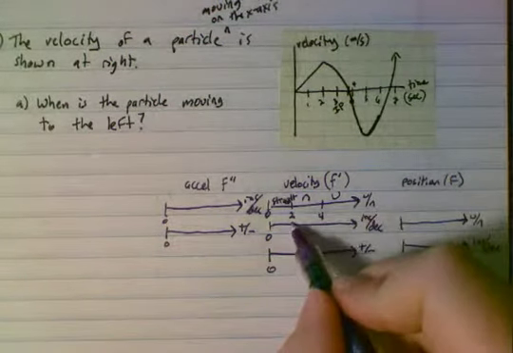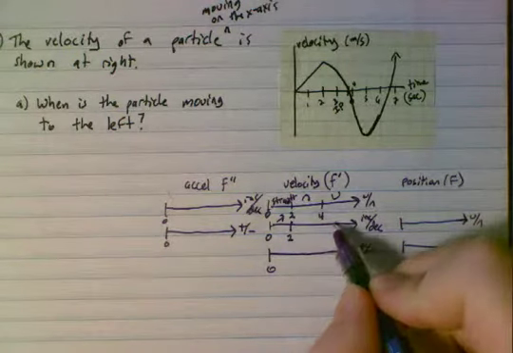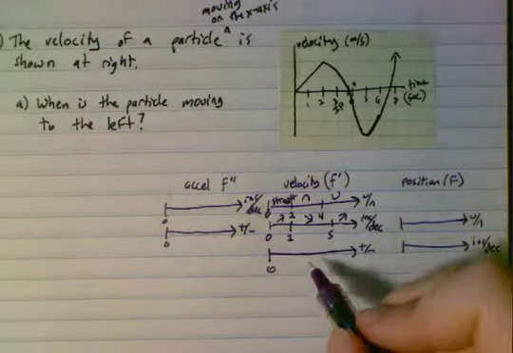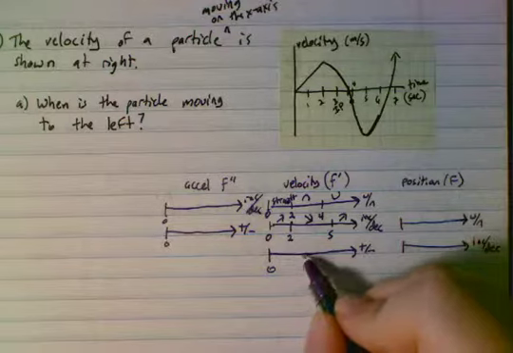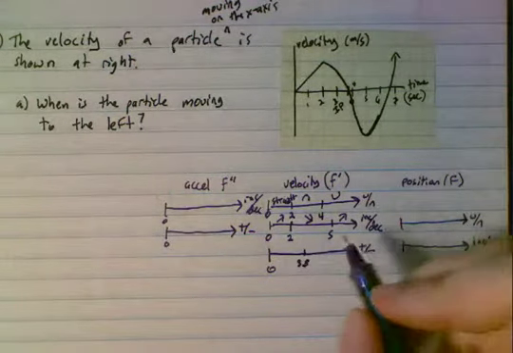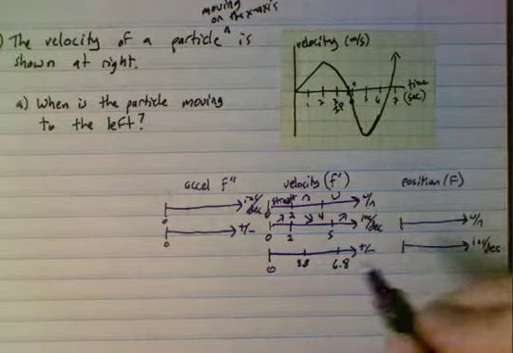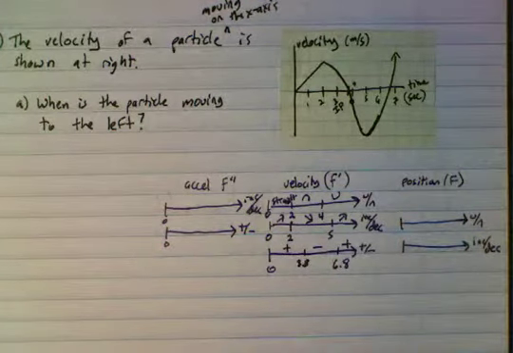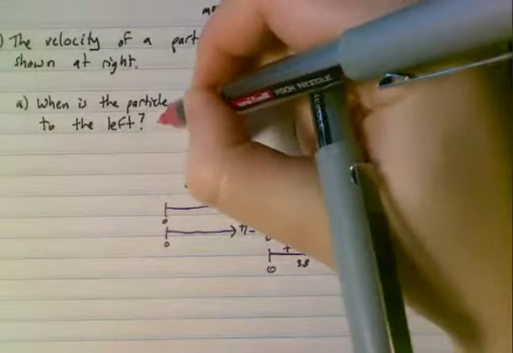Increasing, decreasing, it's clearly increasing until 2, decreasing again until 5, increasing after that. Zeros at 0, looks like about 3.8 or something. Oh, we can estimate that. And then again at about 6.8. Positive, negative, positive.